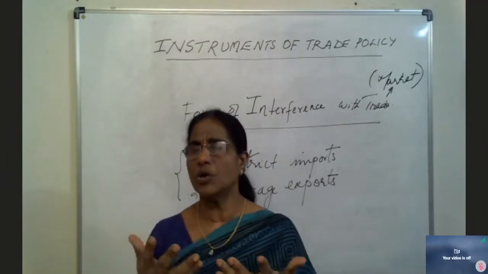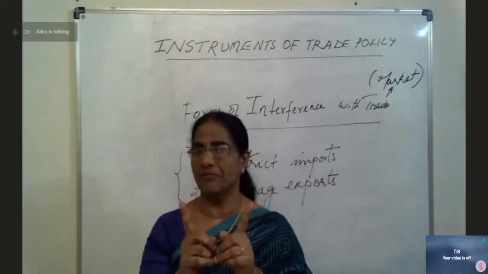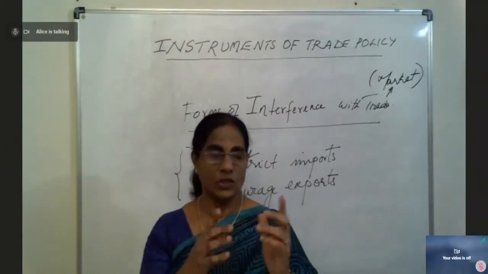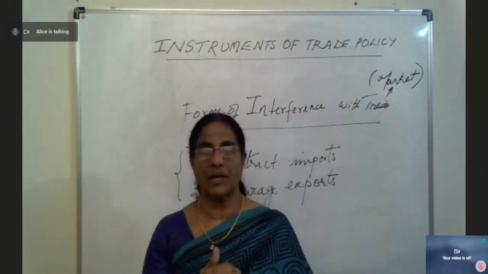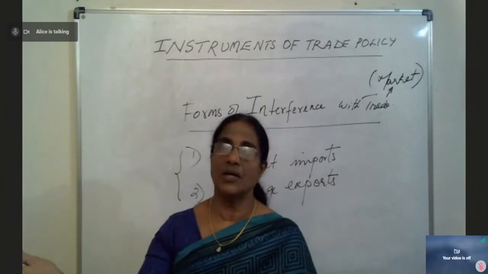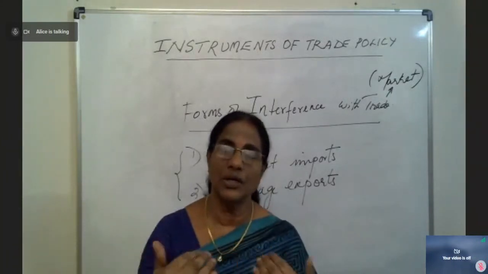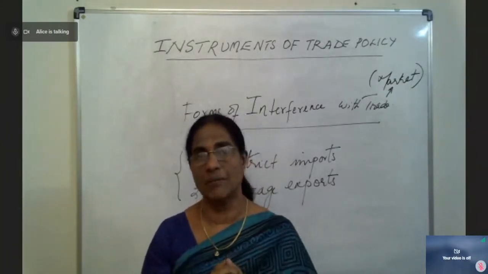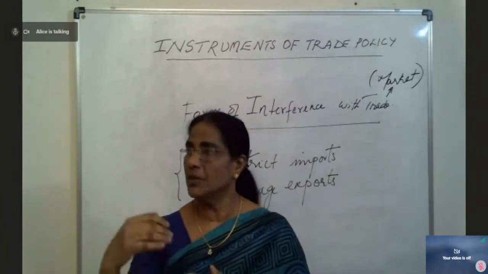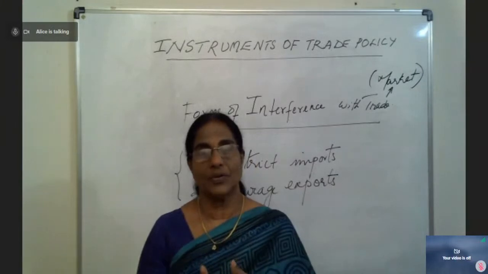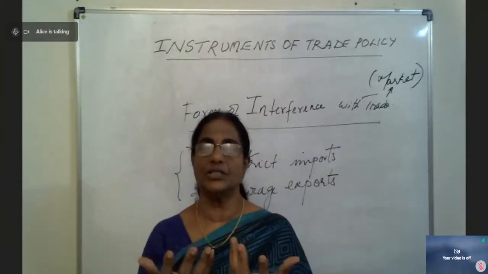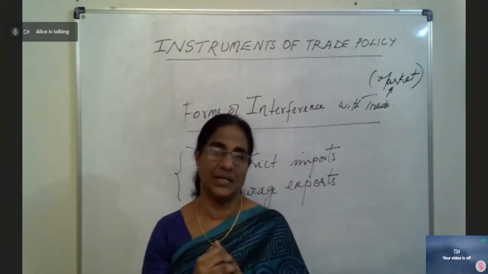That is, somehow or the other, there are imperfections. And domestic firms are unhappy because foreign goods are coming. They are unhappy because we are not giving market access to them. We are unhappy because they are not giving market access to our goods. So, lot of issues with respect to free trade.